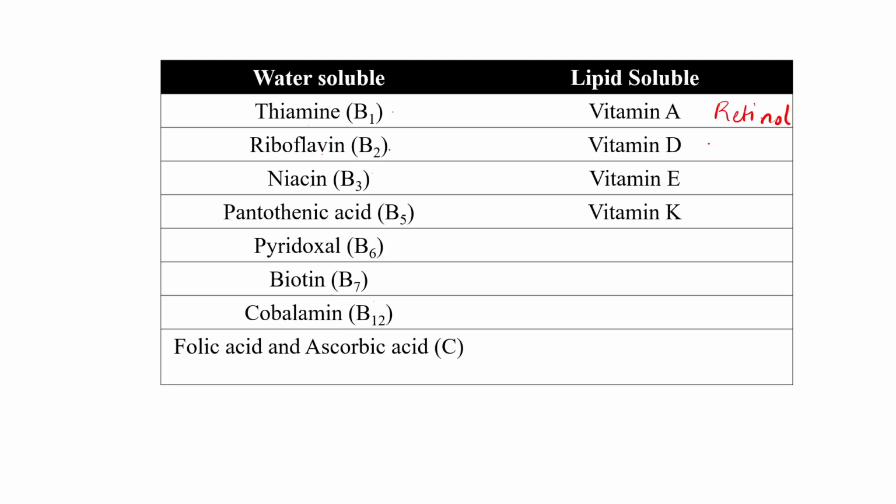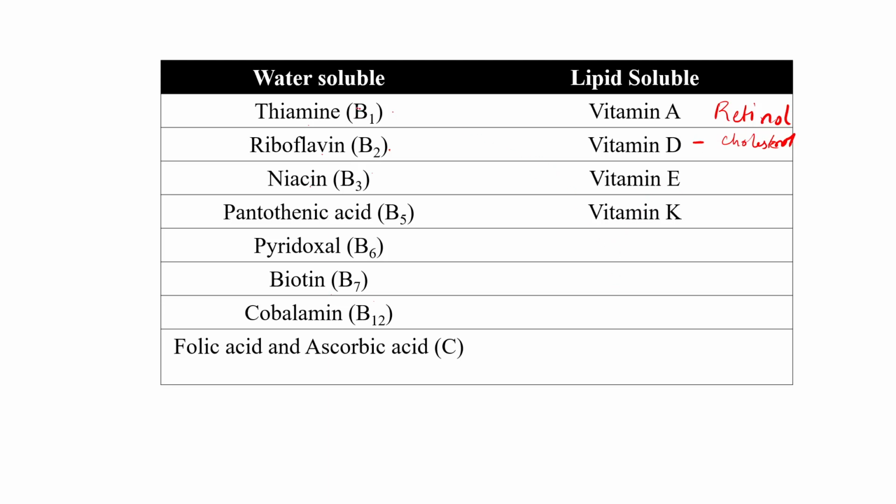What is vitamin D? We have precursors of vitamin D that are forms of cholesterol. So, that was ergocholesterol and 7-dehydrocholesterol, and we will study about vitamin E and K also.